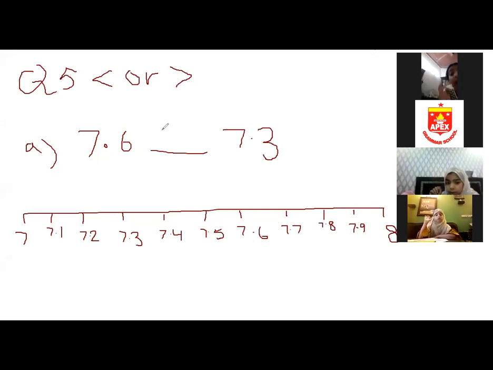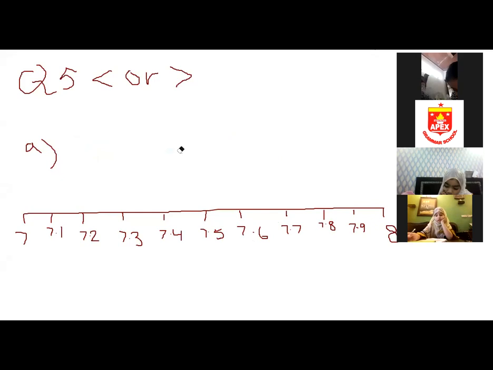So 7.6 is the greater. Now I'm going to do the other part for you. That is G part.